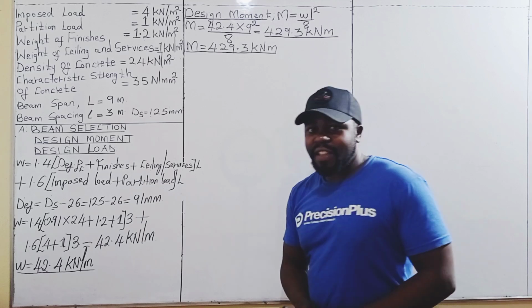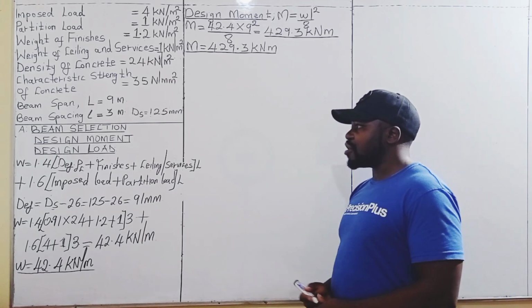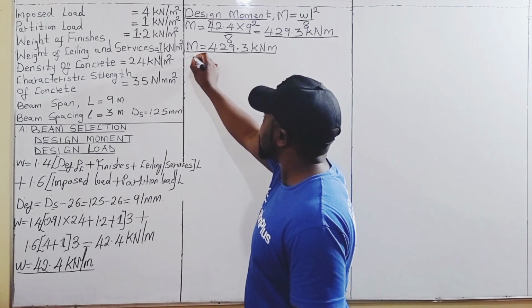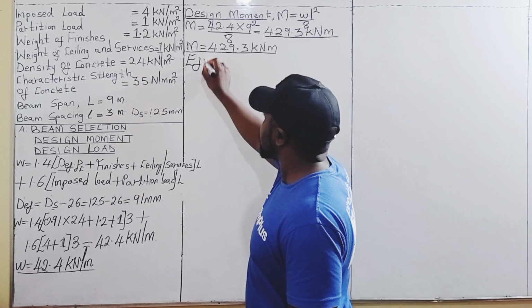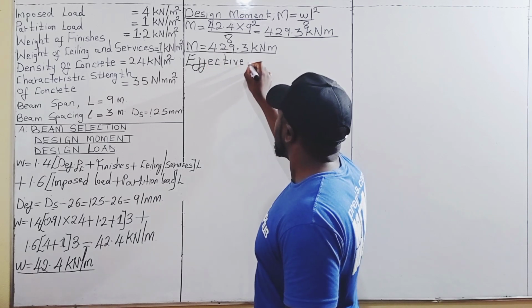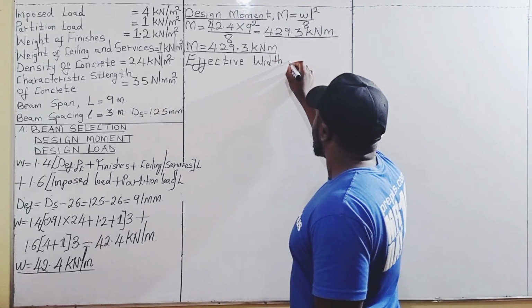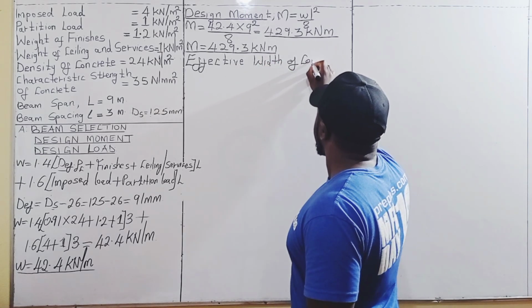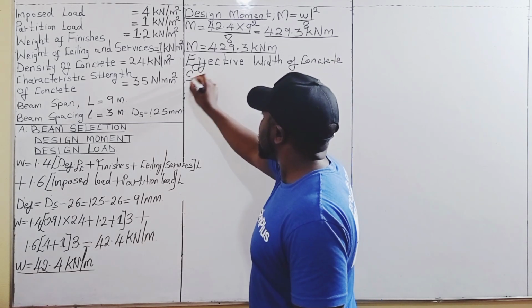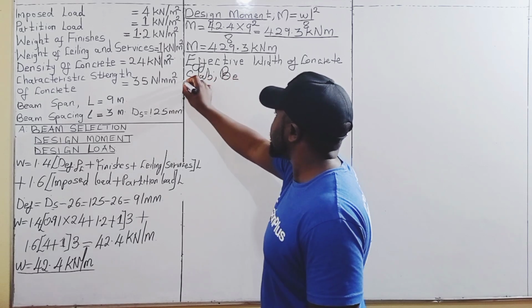After getting the value of the design moment, the next part will be calculation of the effective width of the concrete slab, that is BE.